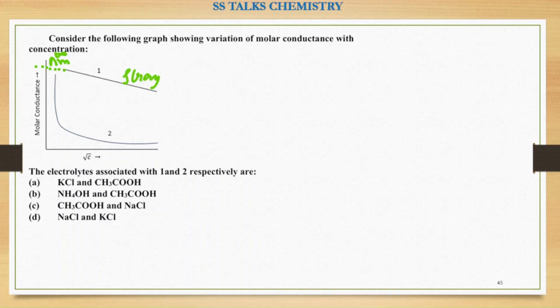Strong electrolytes are the ones which show complete dissociation into ions. Examples are KCl and NaCl. These are strong electrolytes which completely dissociate into ions.